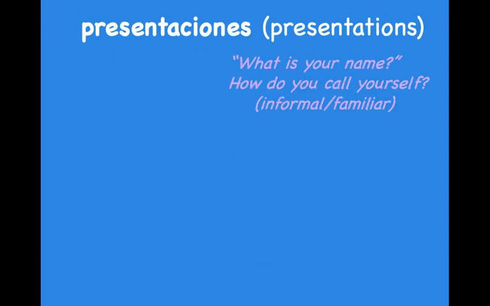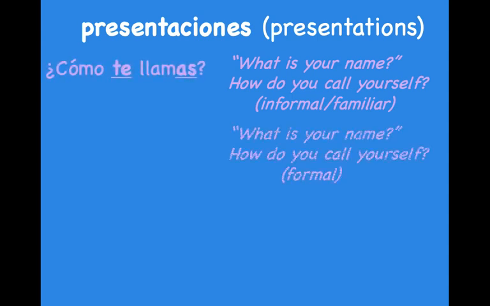So let's see what you remember. ¿Cómo se dice? How do you call yourself? What's your name informally? Repita, ¿cómo te llamas? How about formally? Repita, ¿cómo se llama? ¿Cómo se dice I am?